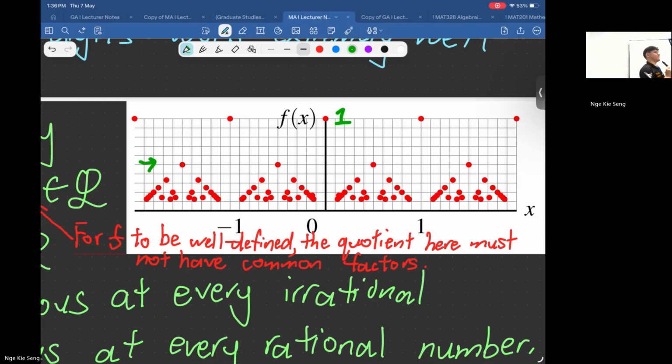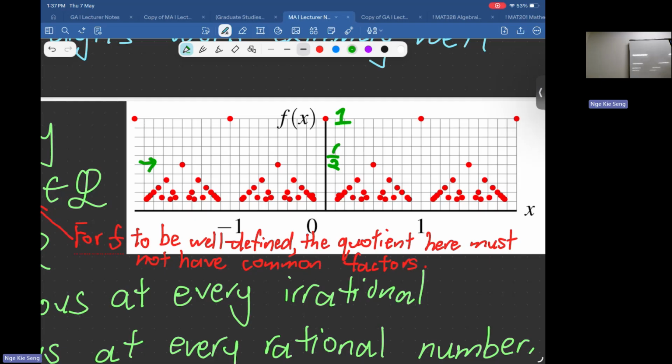See their relative position from -1 to 0, for example. 1/2, right? So here are the 1/2. What's the next one? 3/2, 5/2, 7/2. And then 1/3, 1/4, 1/5, 1/6, 1/7, like that.